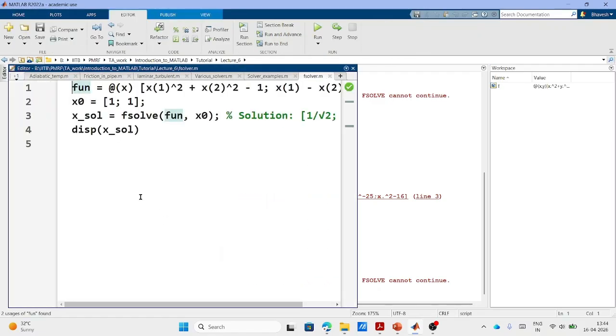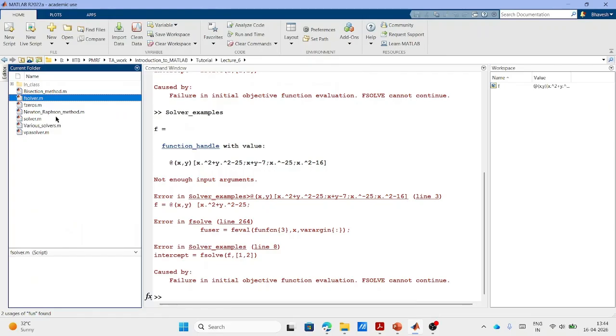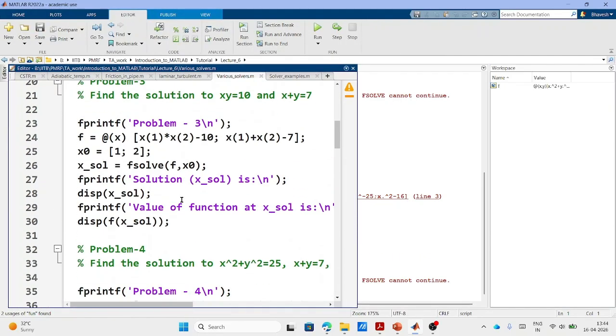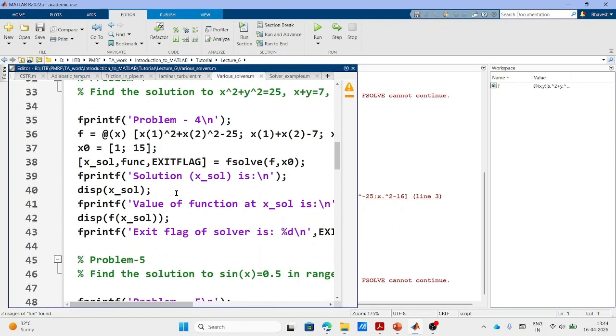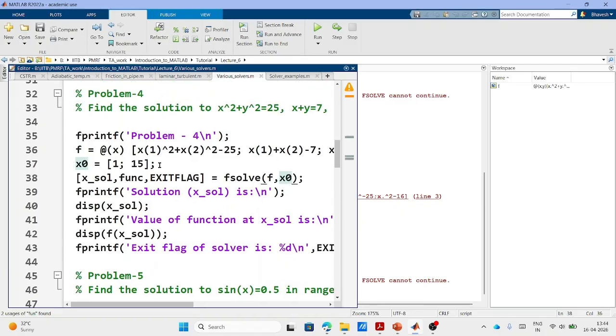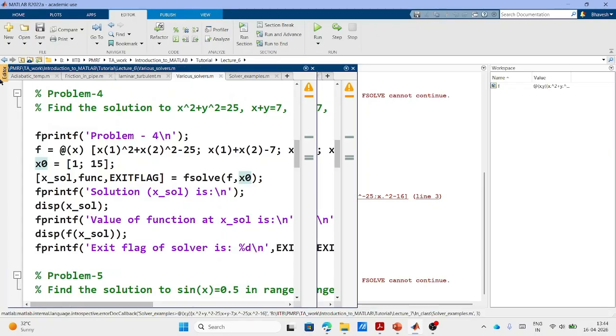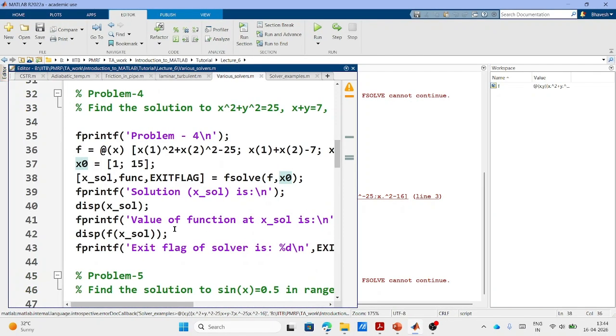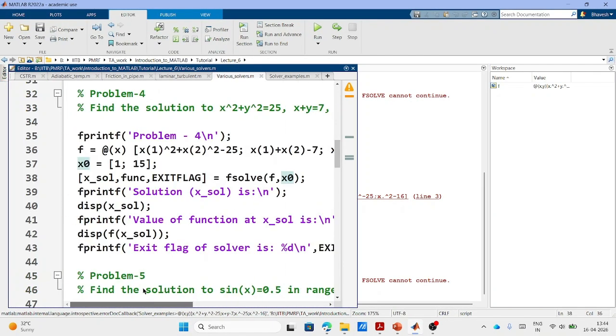So here, let's solve various solvers. This is problem number 4. I'm providing x0. Oh yeah, sorry, I realized my mistake. So here we are putting the function with x0, y0.